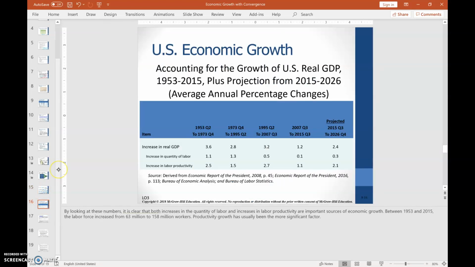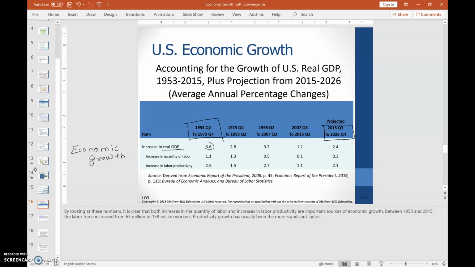The next slide, I have this data from the second quarter of 1953 to some projected 2026 quarter 4. You see these numbers on the top which says increase in real GDP, and the data here is for economic growth.